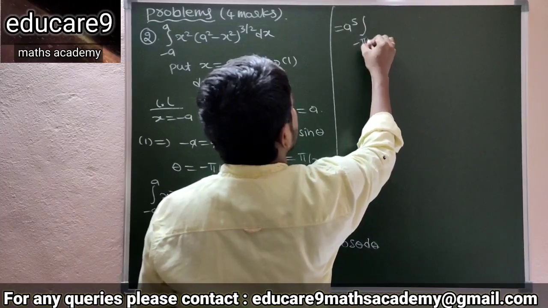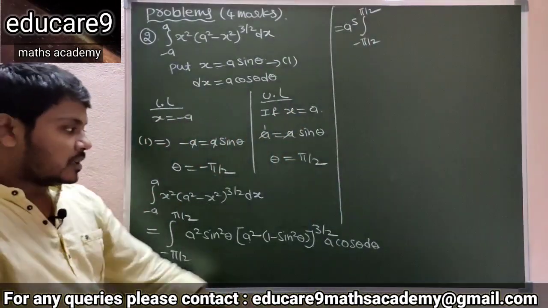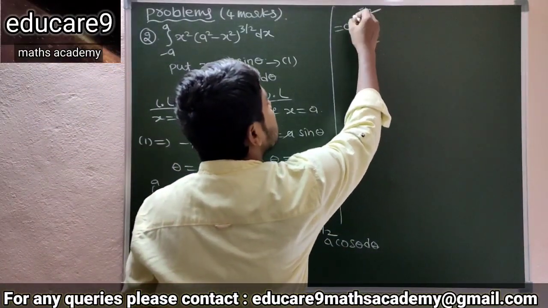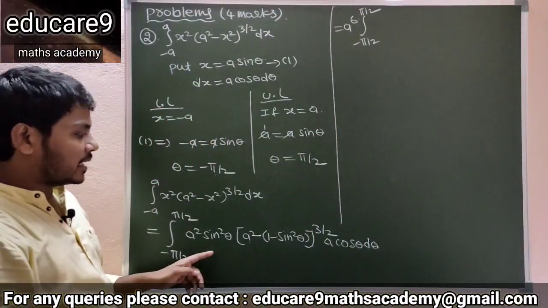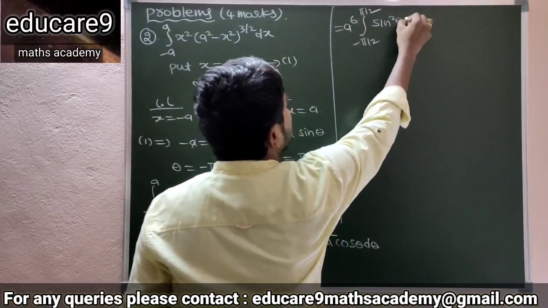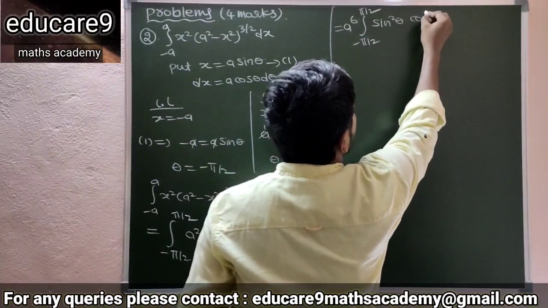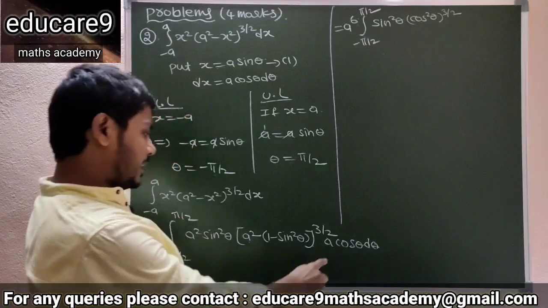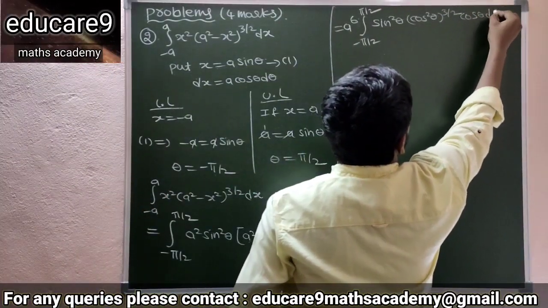Integral from minus pi by 2 to pi by 2. Again a is there, so clearly this is a power 6, next to sin square theta. See here 1 minus sin square theta is cos square theta, whole to the power of 3 by 2, into cos theta d theta.